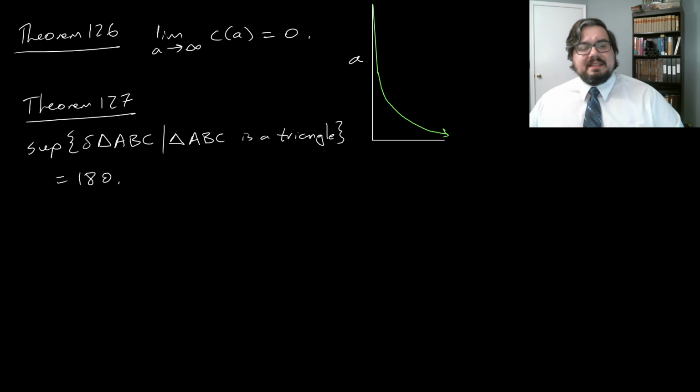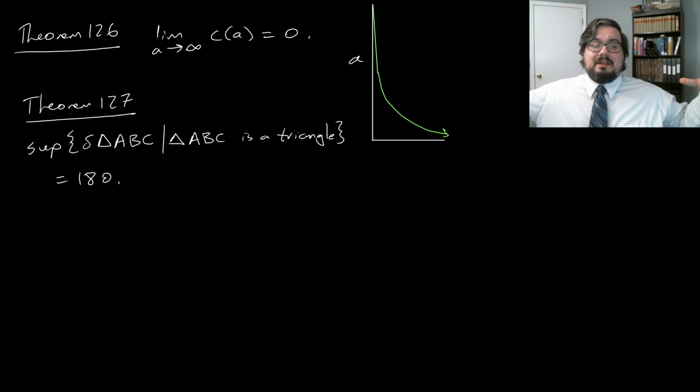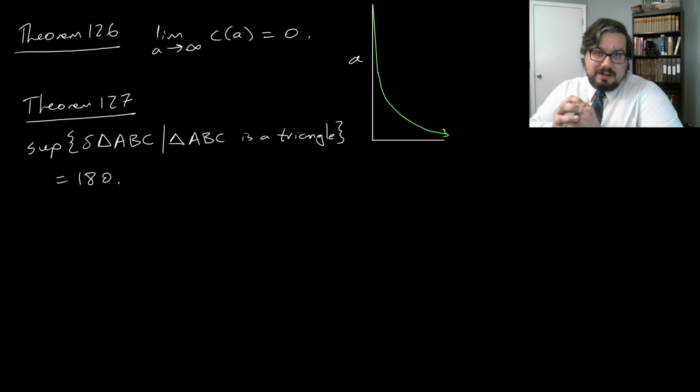And sorry, this theorem here, Theorem 127, says that you can make the defect as large as you like by making a very large triangle so that the defect is very high. You look very much unlike a Euclidean triangle. But the other side to that is that you can make the defect as small as you like by taking a very, very small triangle.